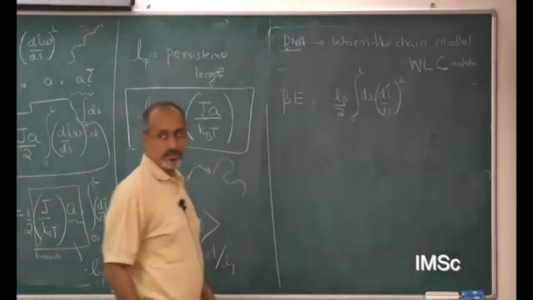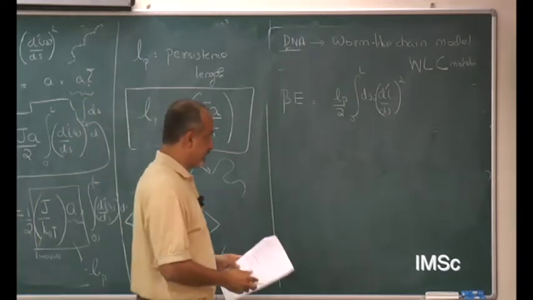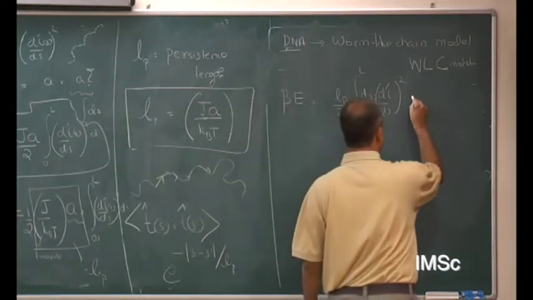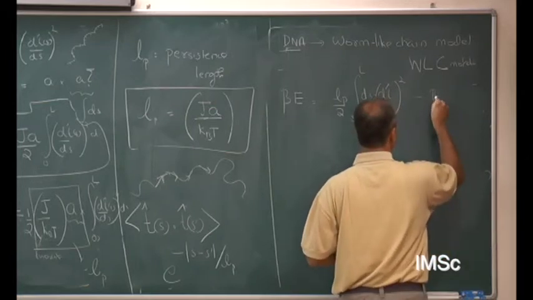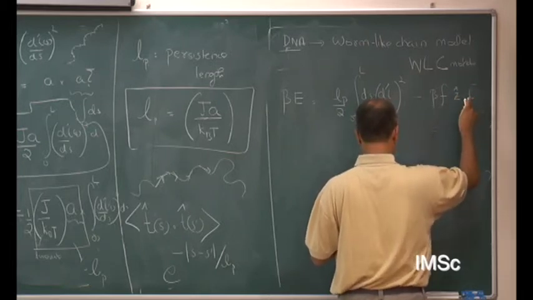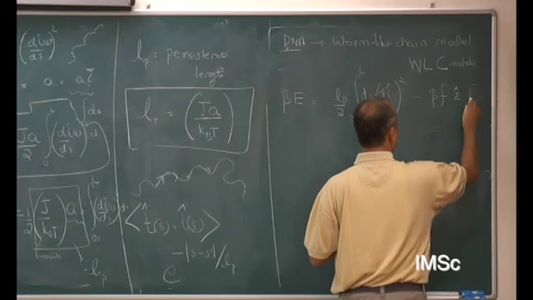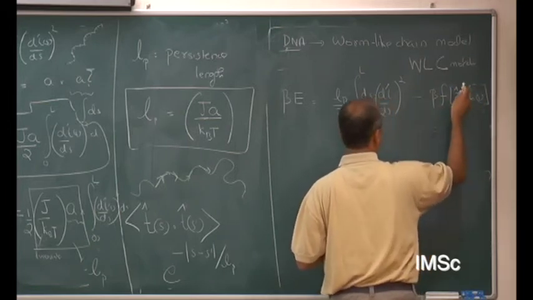That's the first term that we must have in our description, because that's a term that we actually derived explicitly. The second term is the energy of alignment. So this must be beta times the force times the dot product of each of these T's with the force direction.